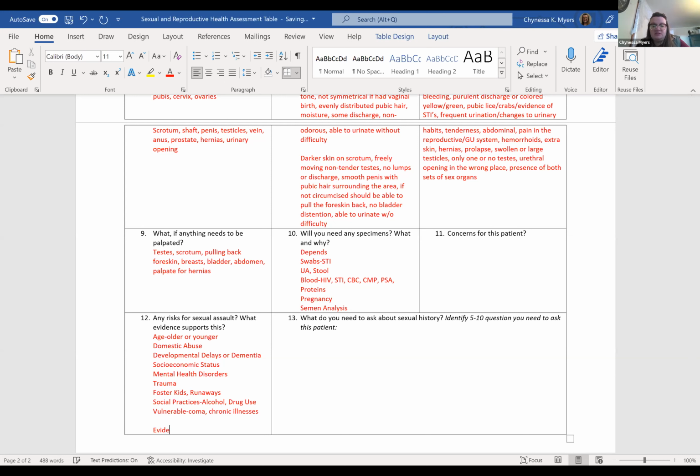Okay, so evidence. Yeah, no eye contact. Males don't speak out as often about it. That's absolutely true. Young children with STIs or trauma.